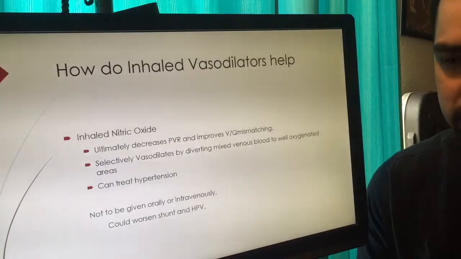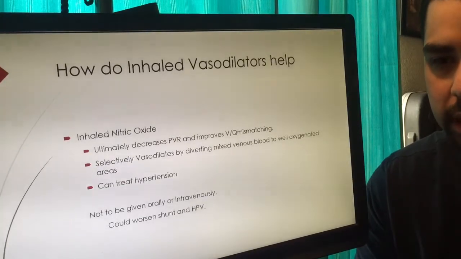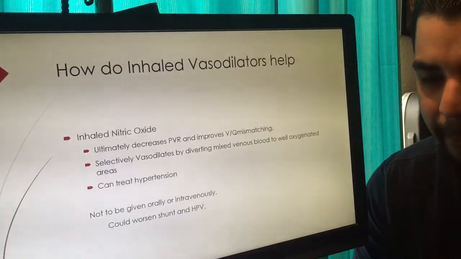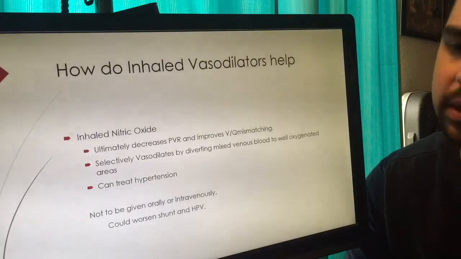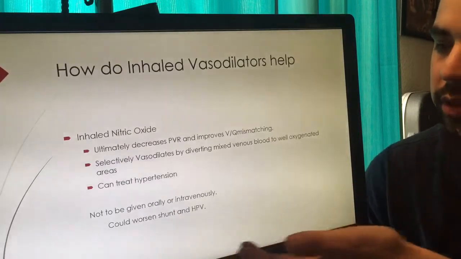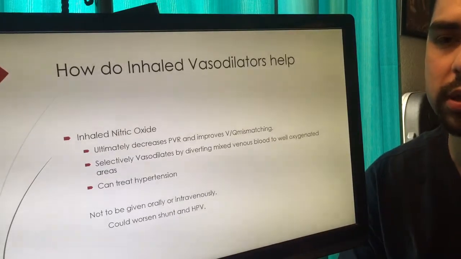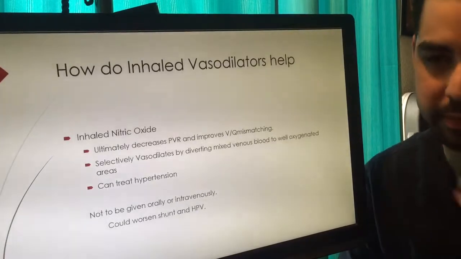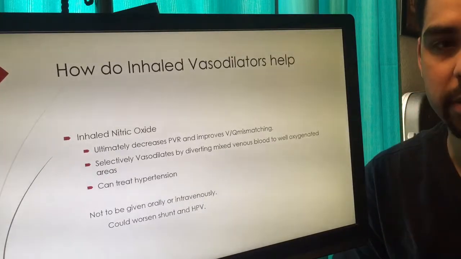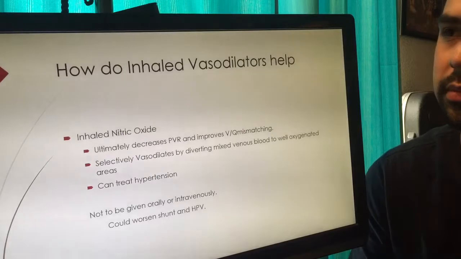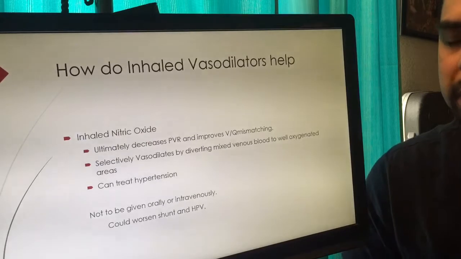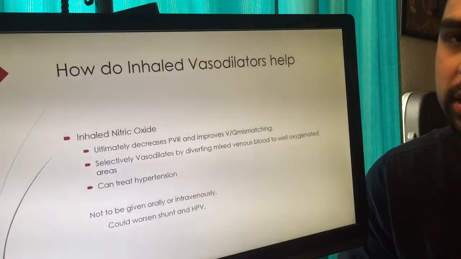When nitric oxide gets into the hemoglobin in the blood, it's going to not only worsen shunt and HPV, but it's going to cause some sort of inhibition to the vasodilator. Basically, it's going to stop nitric oxide from working. It's not going to help the lungs.